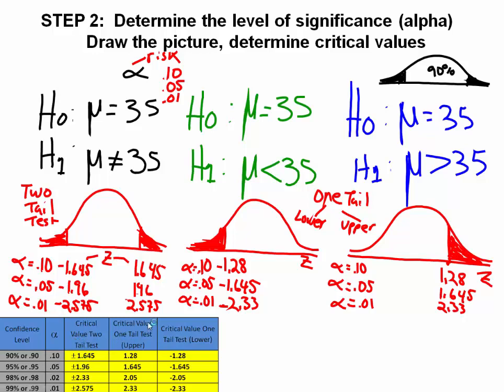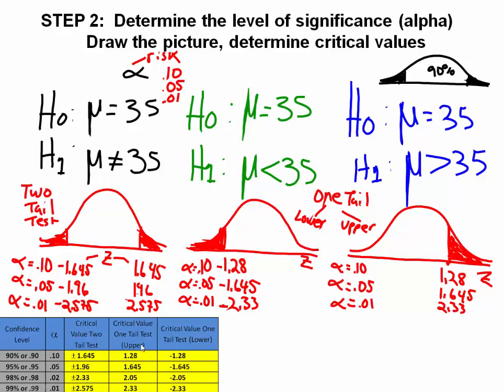Now, if we have a one-tail upper, as depicted over here, here are our critical values. So as you can see, 5% is half of 10%, so when everything is on one side and it's 5%, we're going to get the same value, 1.645. And then here, 1% is half of 2%, so it's all on one side. Here it is split, here it's on one side, and then we get 2.33.